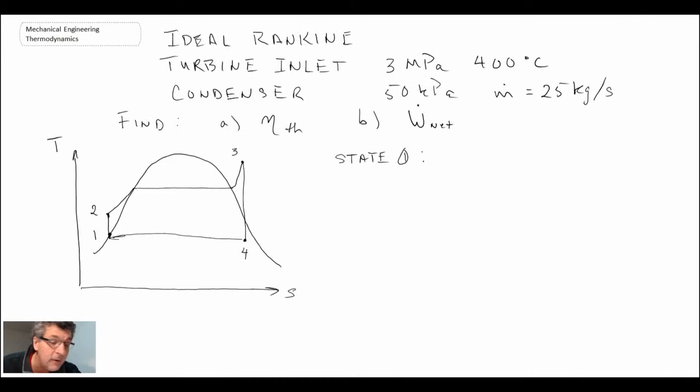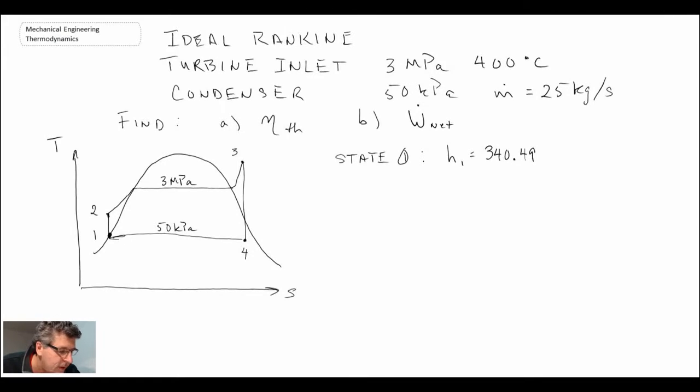Here you would be looking at saturated liquid, or saturated water. We know this here is at 50 kPa, and this here is at 3 megapascals. So you go into the saturated liquid steam table at 50 kPa, and you pull off the enthalpy. I'm going to skip the units, but that would be kilojoules per kilogram.